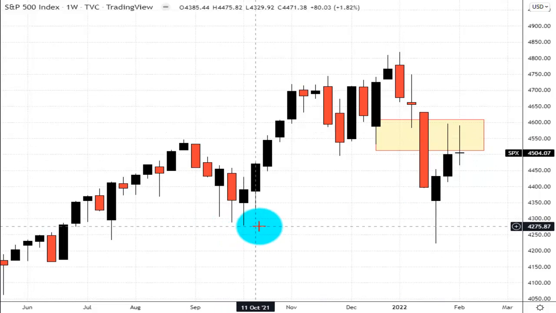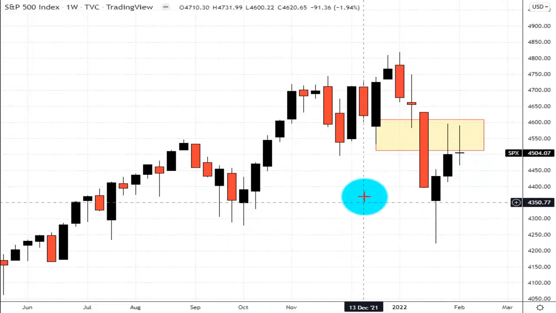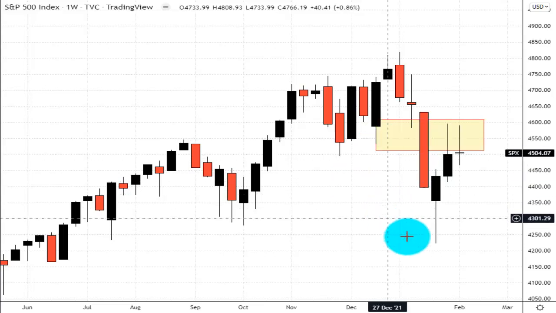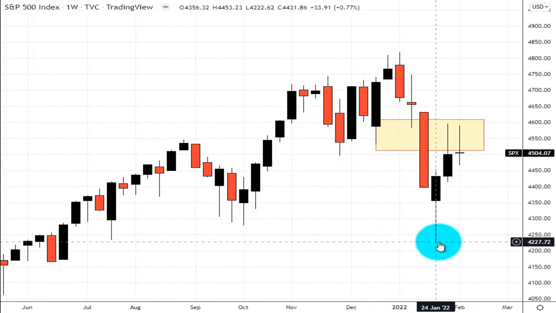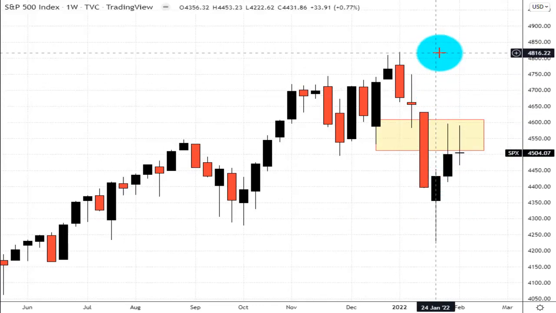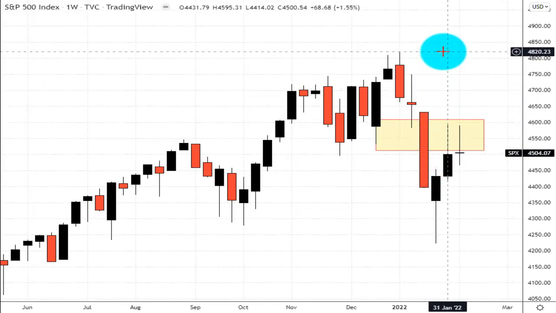We broke this low down here. So for all intents and purposes, we had a lower low. So as we started to go up, the question was, are we going to have a lower high relative to this high up here?